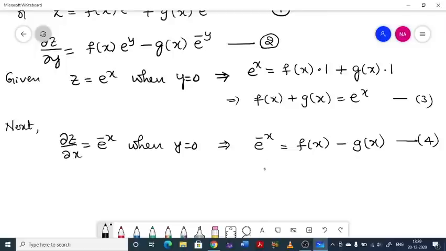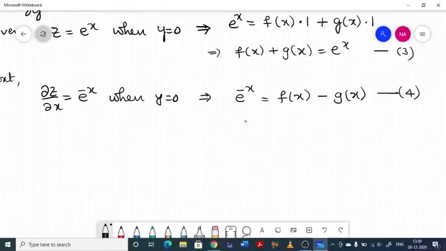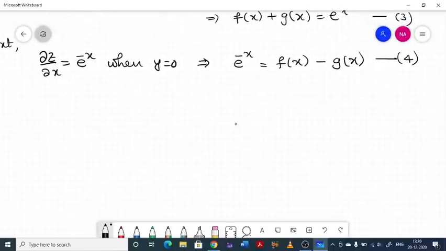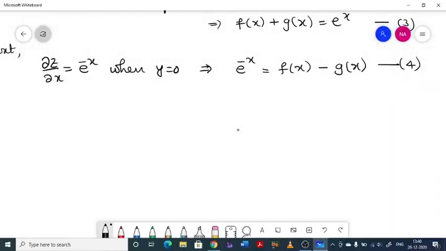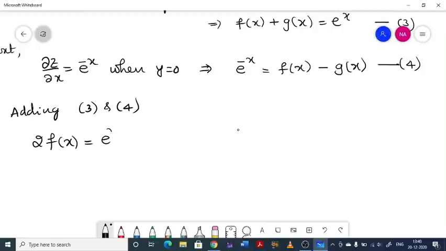Adding equation 3 and 4, what do we get? G of x gets cancelled, so you will get 2 f of x equal to e power x plus e power minus x.